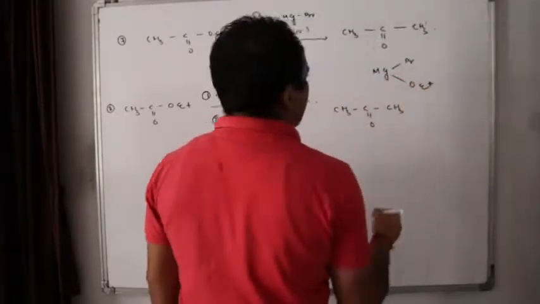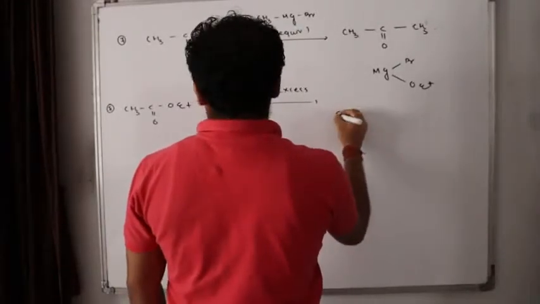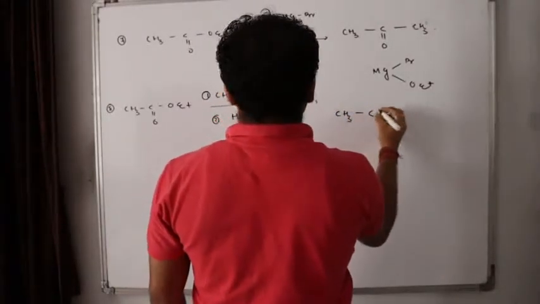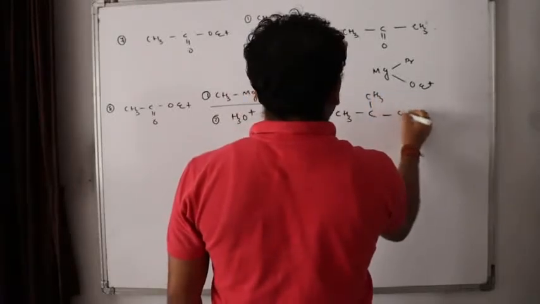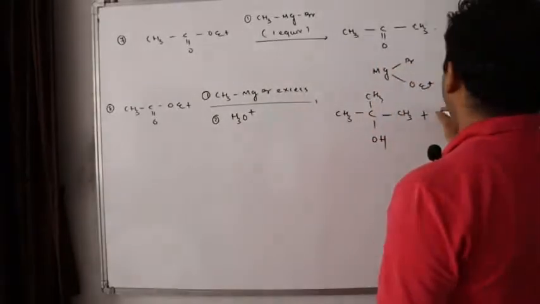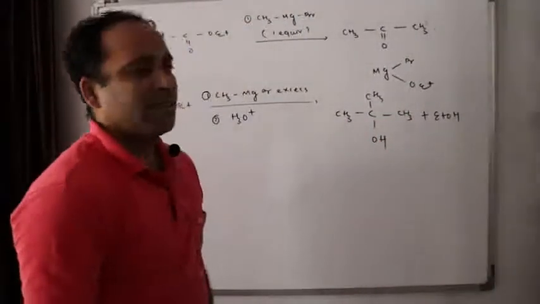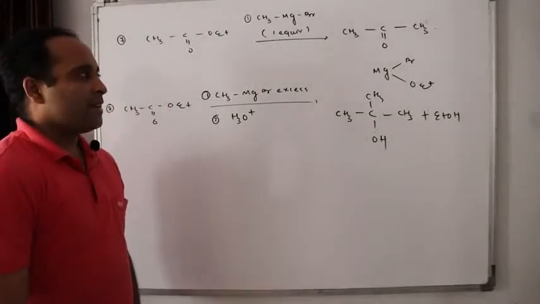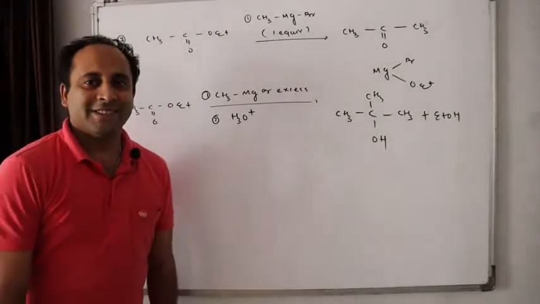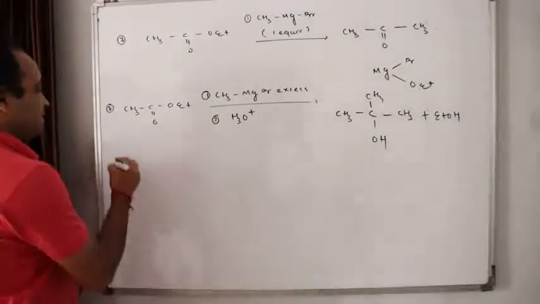Followed by hydrolysis. When I hydrolyze this, the product will be CH3C CH3 CH3OH, the tertiary alcohol. When this is hydrolyzed, what will I get? Ethanol along with MgBrOH, isn't it? Yes or no? Easy? Doubt? Now, next question.